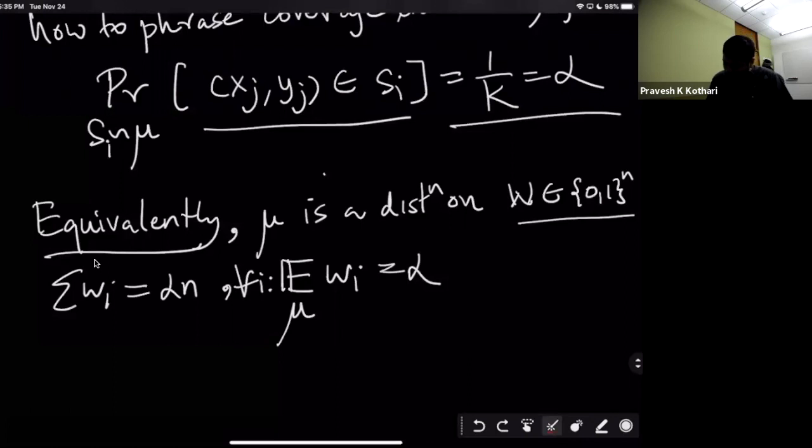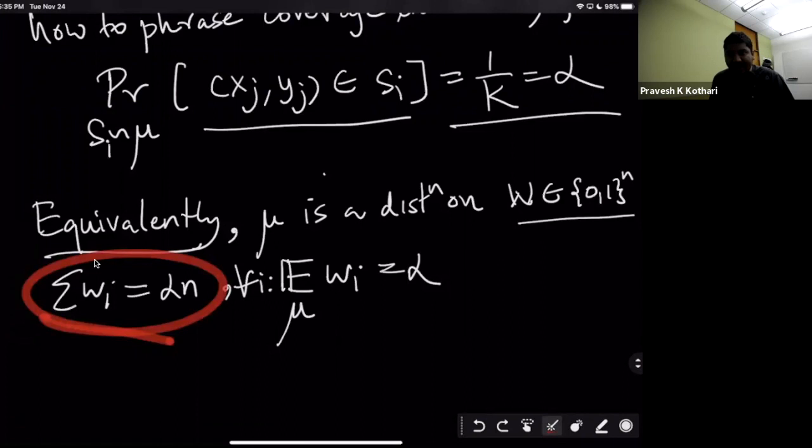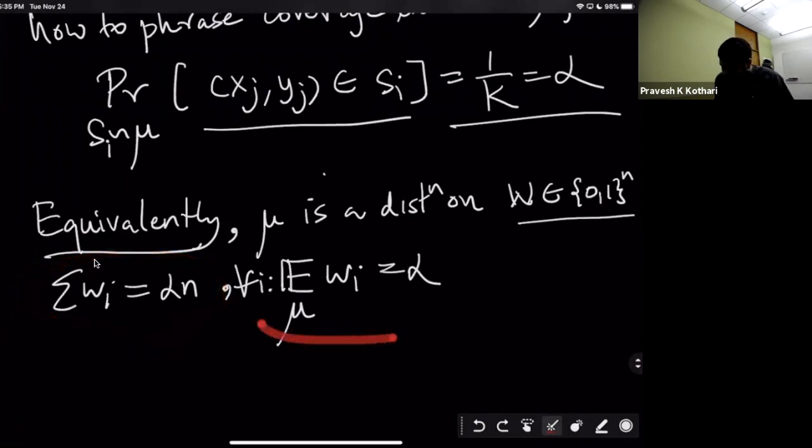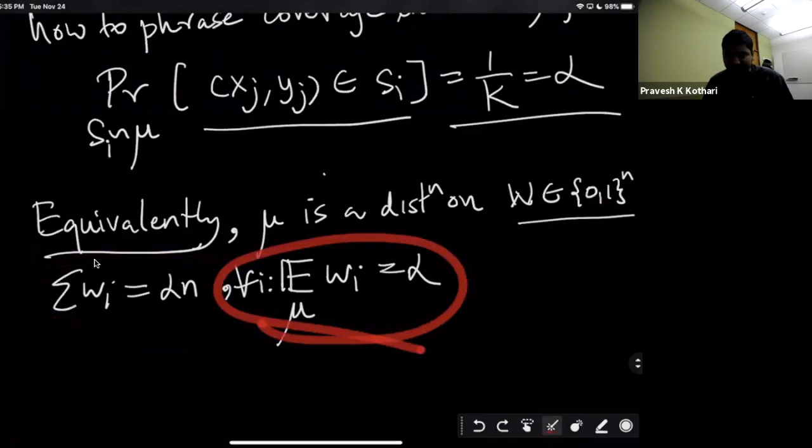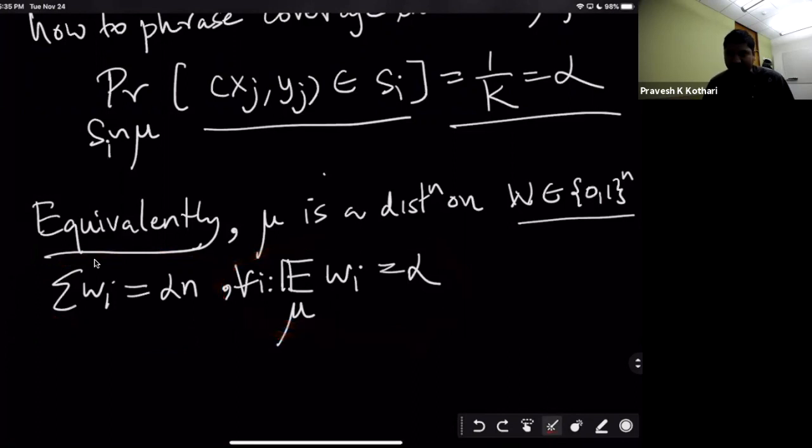The fact that each set was large is that the sum of wi is alpha n. The fact that we had uniform coverage of all the points is basically that the expectation of each wi is alpha. Each i is chosen an alpha fraction of the times. So all I've done so far is translate the properties that we use from a soluble partition into this distribution lingo. So far so good?